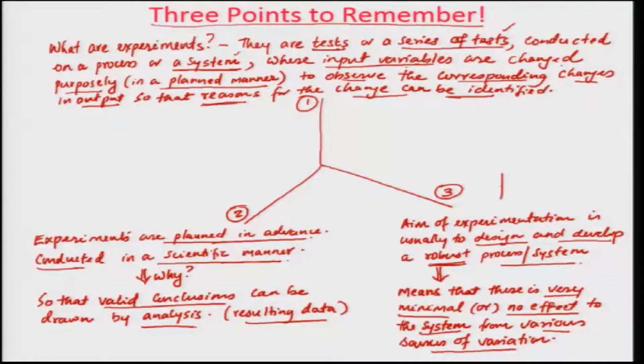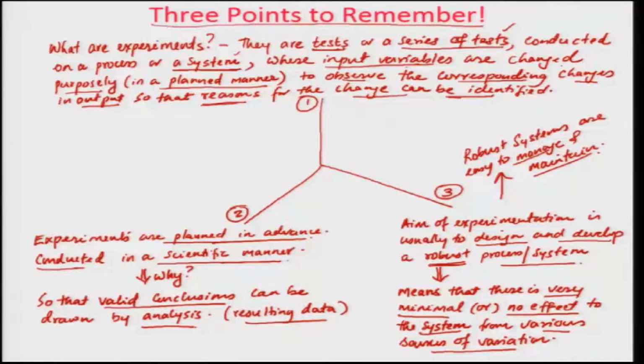Because robust systems are easy to manage and maintain. We can easily manage and maintain a robust system, because we know that the system has very minimal or no effect on its behavior due to various sources of variation.